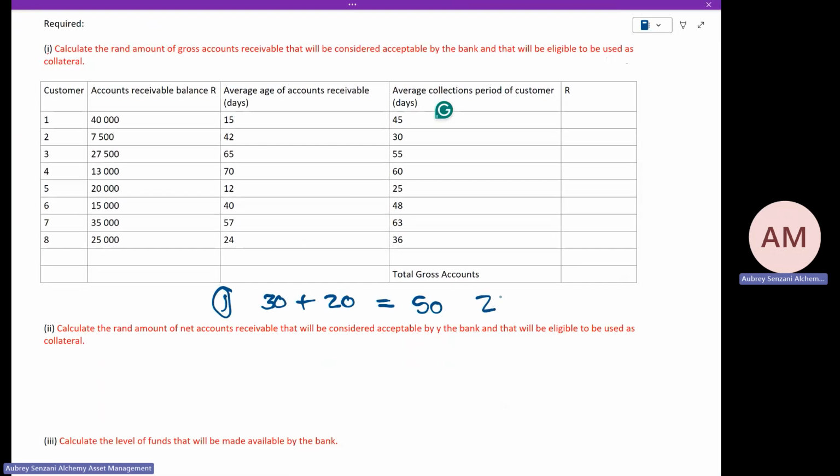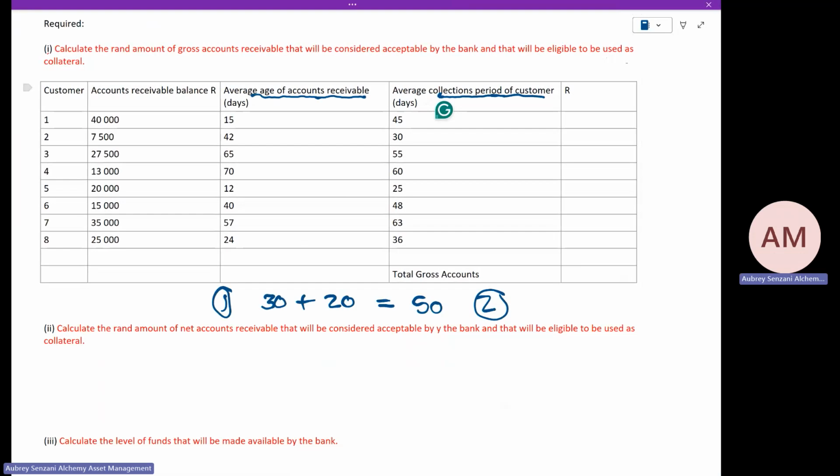Second criteria, they then also said, provided the average age of each customer's accounts receivables does not exceed, so in other words, the average age of accounts receivables, all right, does not exceed the customer's average collection period. It must not exceed the collection period of the customer.